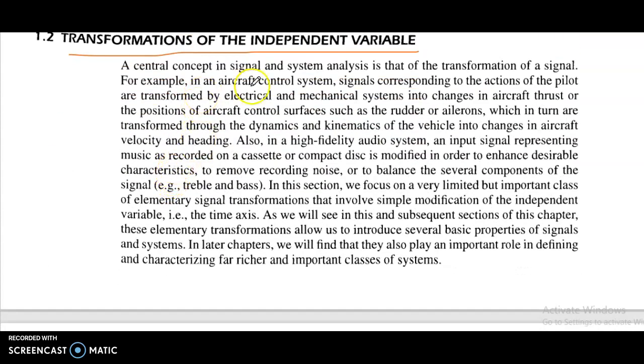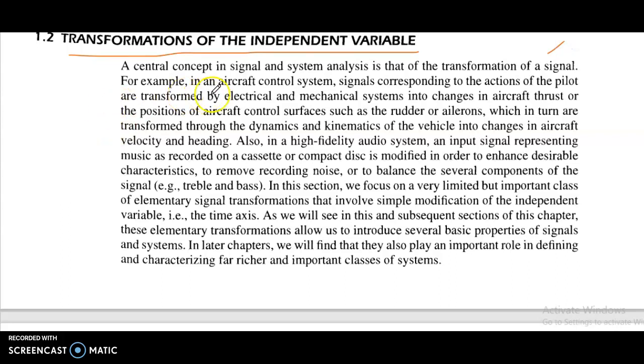A central concept in signal and system analysis is that of the transformation of a signal. For example, in an aircraft control system, signals corresponding to the actions of the pilot are transformed by electrical and mechanical systems into changes in aircraft thrust or the positions of the aircraft control surfaces, such as the rudder or ailerons, which in turn are transformed through the dynamics and kinematics of the vehicle into changes in aircraft velocity and heading.